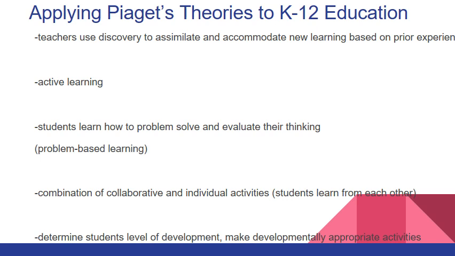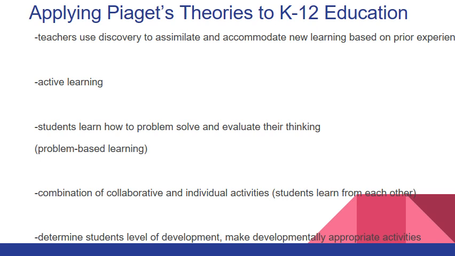Another influence that Piaget made in education is that we now discuss the curriculum and the relevance of instructional activities based on whether those activities are appropriate to students' level of development. We emphasize developmentally appropriate activities.